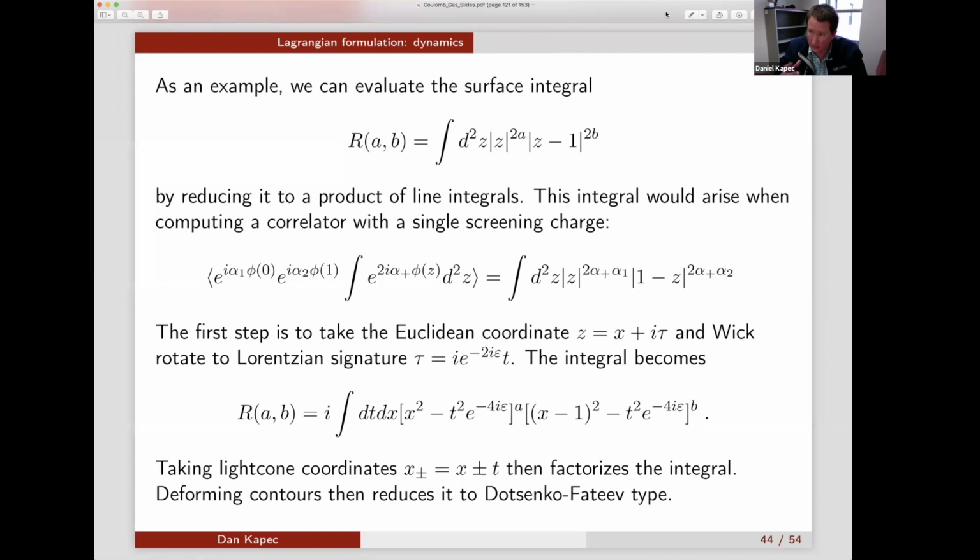When you start with these surface integrals, you're basically putting in that you're going to get sensible local answers because you're just treating a quantum field theory in perturbation theory, but then you kind of have to work a little bit harder to show that it's equivalent to the original Dotsenko-Fateev prescription.